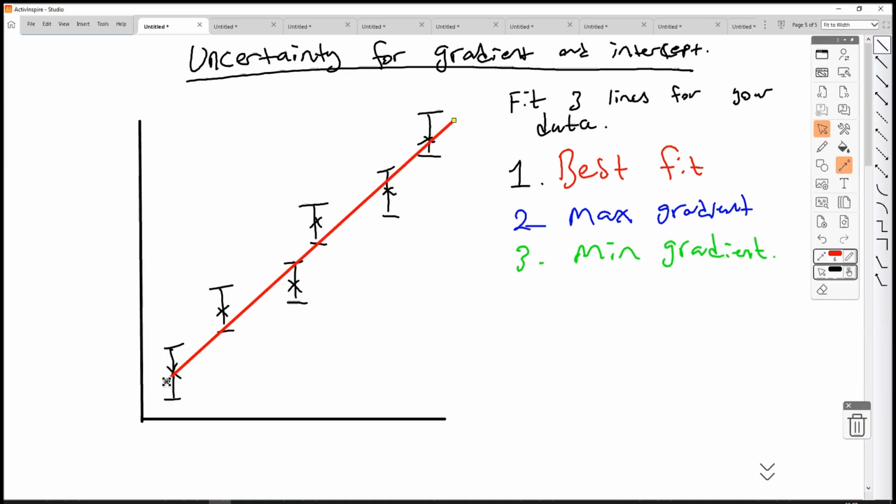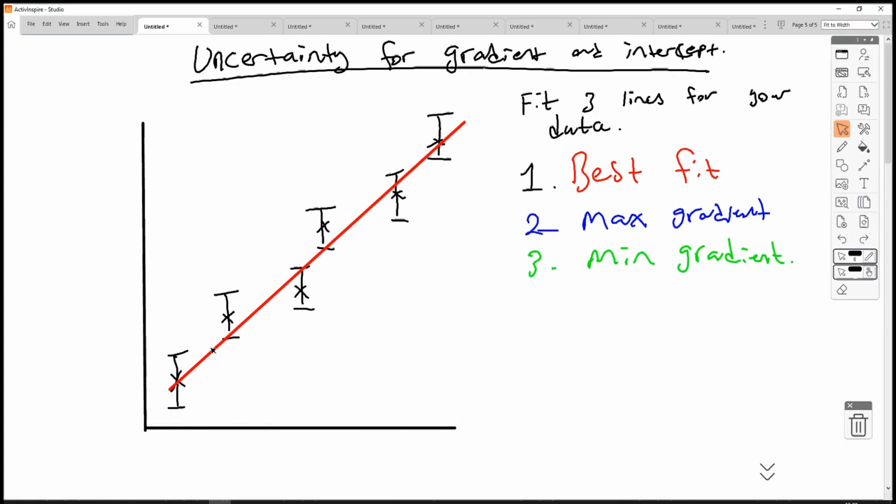So I would estimate my best fit to look something like this. Okay, let's try to edit this line. Right, something like that.